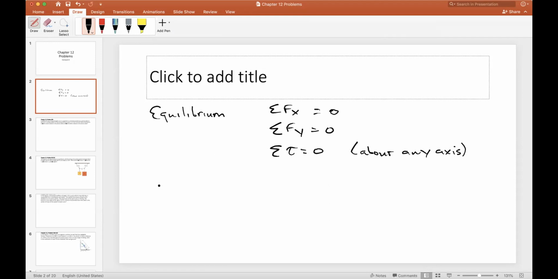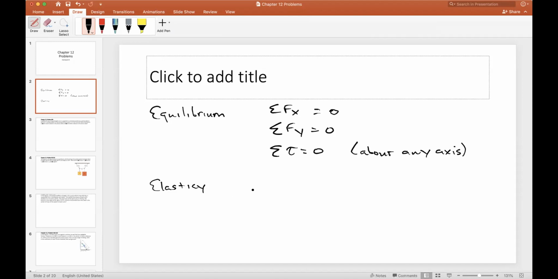When it comes to elasticity, we're actually only going to talk about tension forces. Elasticity in the chapter talks about tension forces and then deflections when a rod is bent, and it talks about hydraulic stress when pressure causes a volume change.